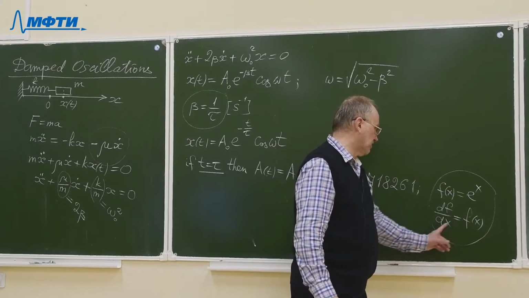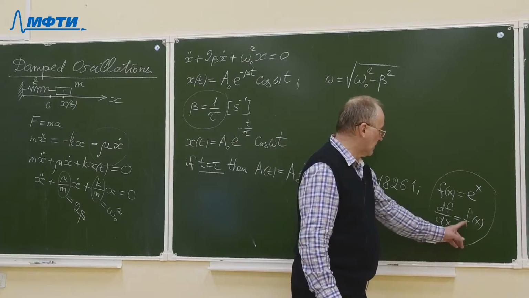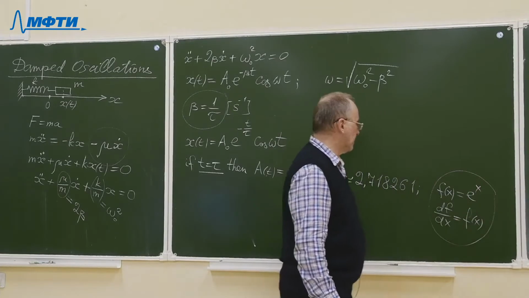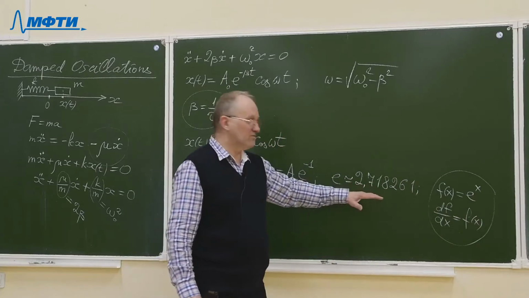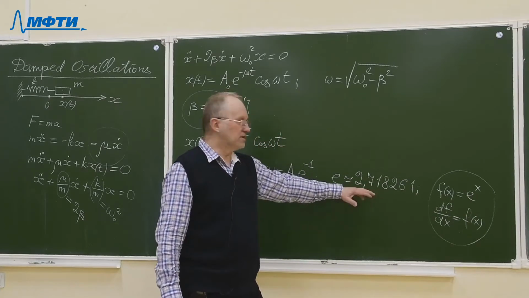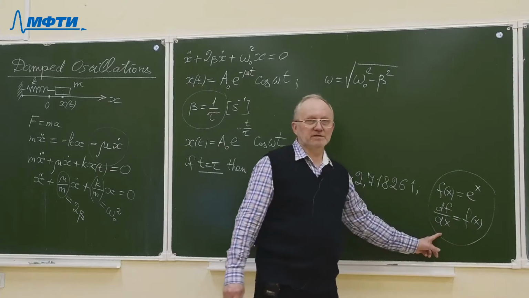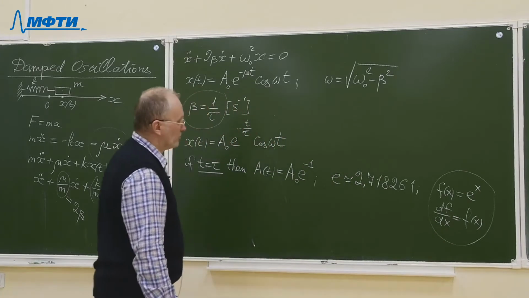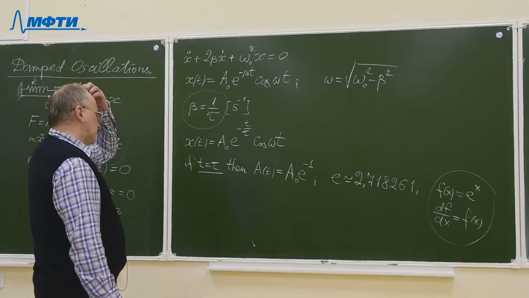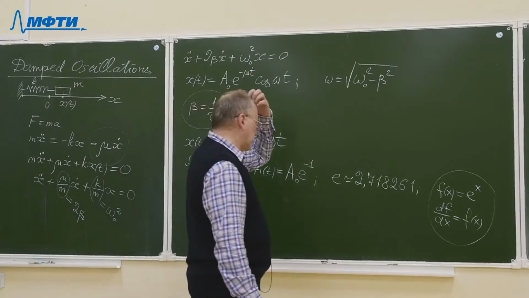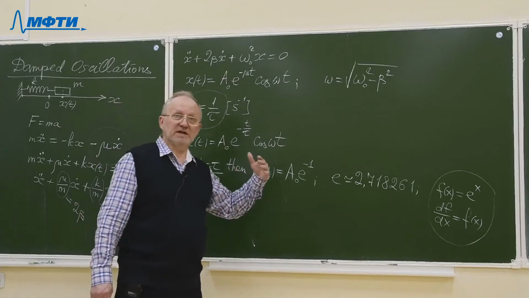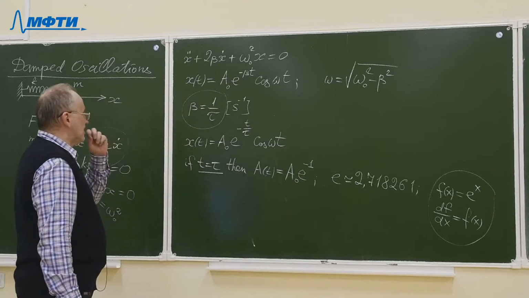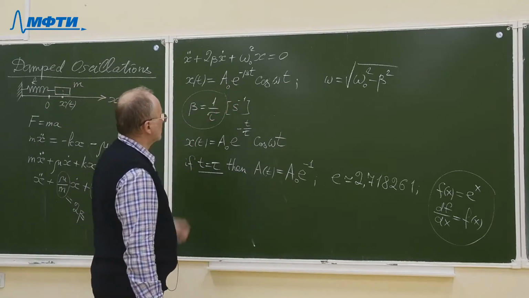The only function possessing such quality is the exponent e to the power of x, where e is such a constant. It originates from this condition. So such an exponent plays a very important role both in physics and in mathematics. And here we have it in this solution.